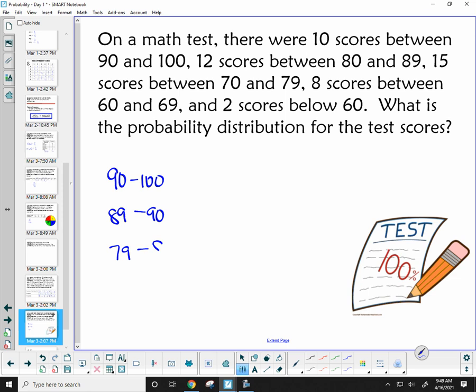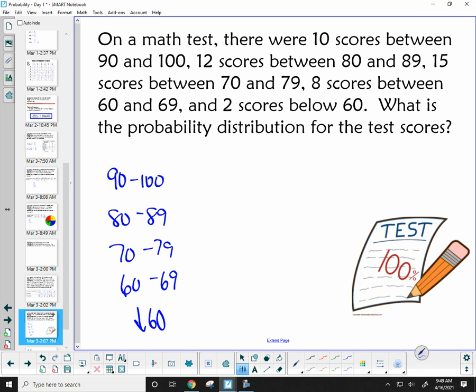We had 90 to 100, 80 to 89, 70 to 79, 60 to 69, and below 60, right? Those are our categories.